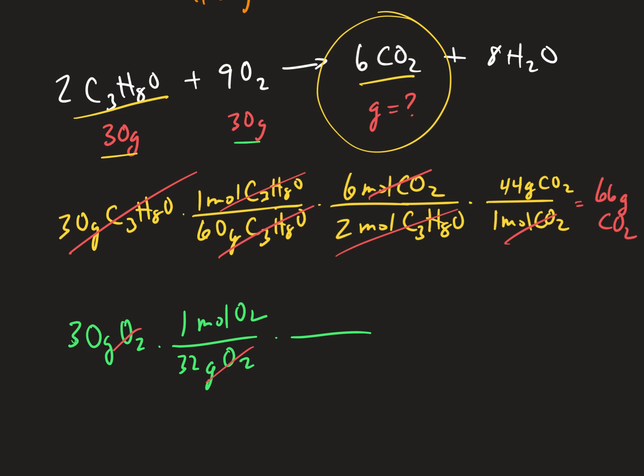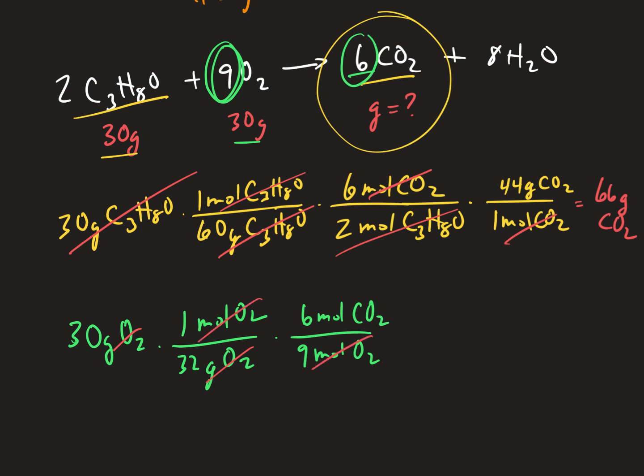How many? 9 moles of oxygen on bottom. We get that 9 from the coefficient of oxygen. This is the mole to mole ratio. Follow our mole road map, right? 6 moles of CO2. We get that from our balanced equation, right?